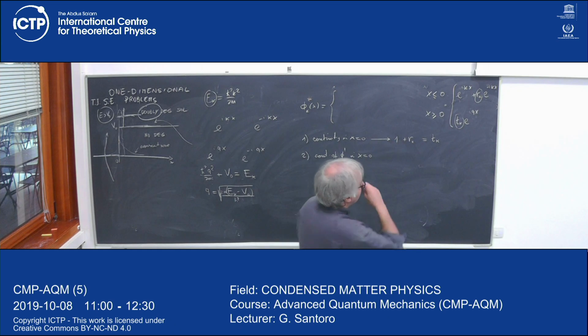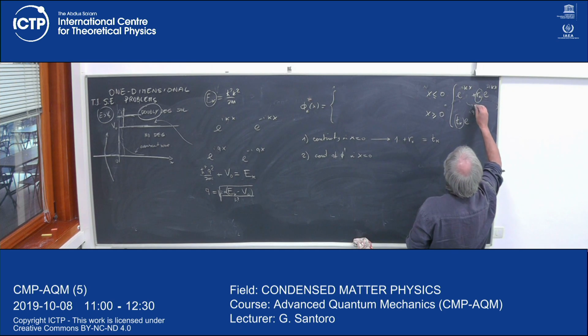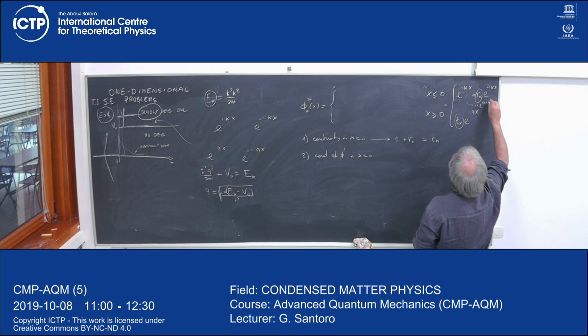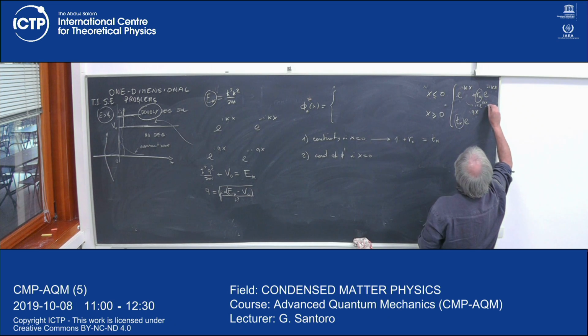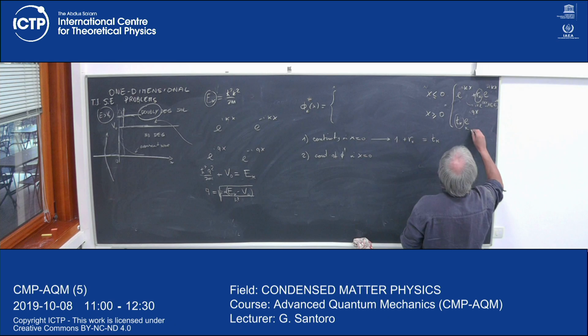Clear? Now take the derivative. The derivative of this object is ik e to the ikx, and the derivative of this is minus ik rk e to the minus ikx. Is it clear? And the derivative of this is iq tk e to the iqx.